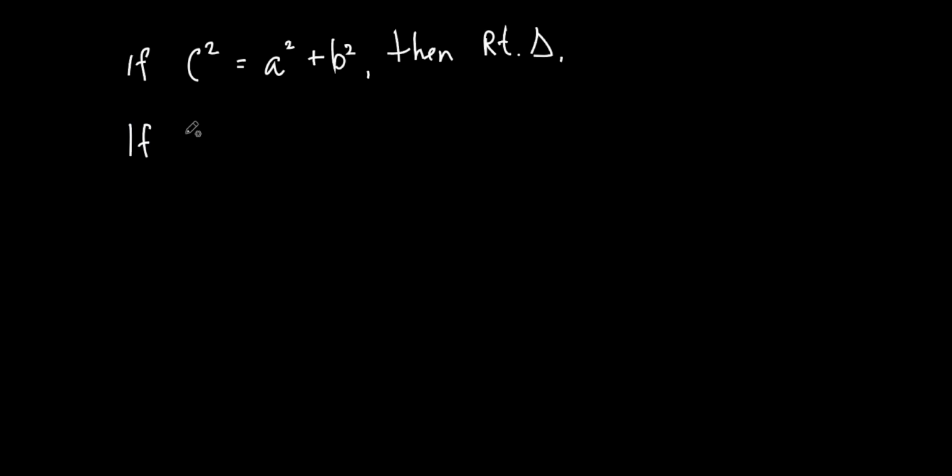But watch this. If I take the longest side and I square it, and if it's less than, not equal, but if it comes out to be less than a squared plus b squared, then it's not a right triangle, but I can tell you what it's going to be. Then it's an acute triangle.